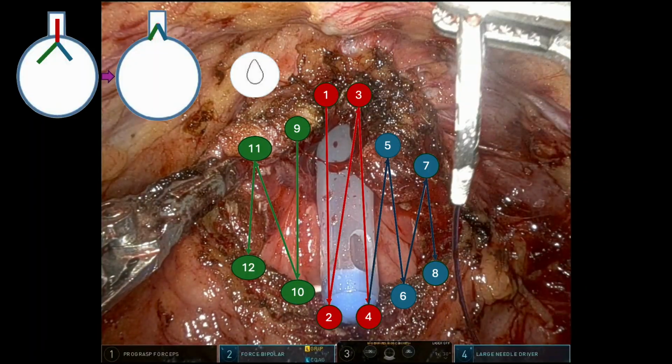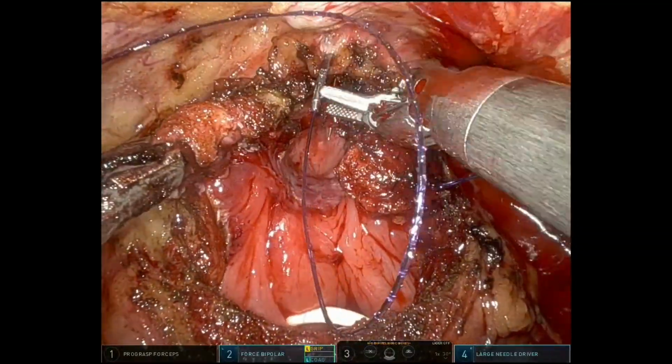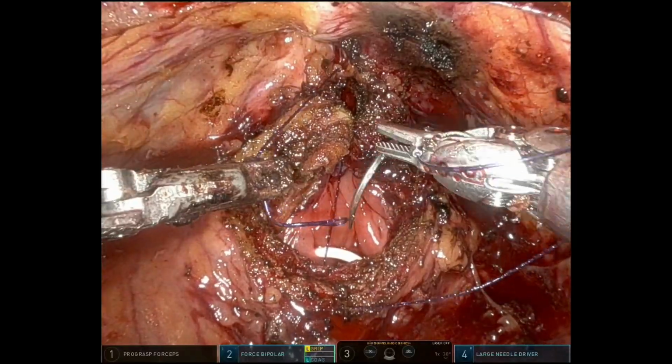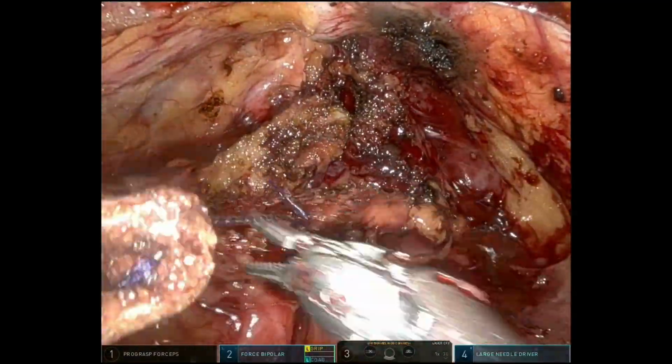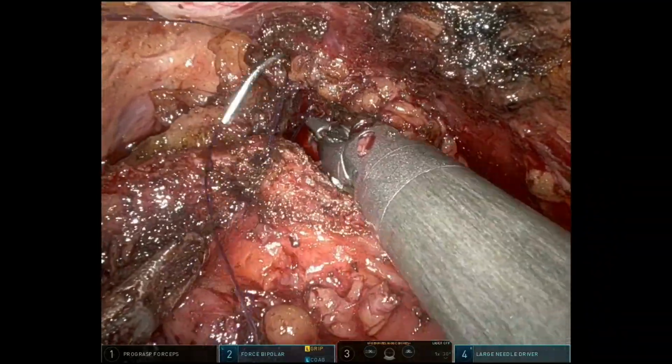This schematic explains the suture points used to create the Y-V plasty. Here we can review the inverted Y incision that was made.